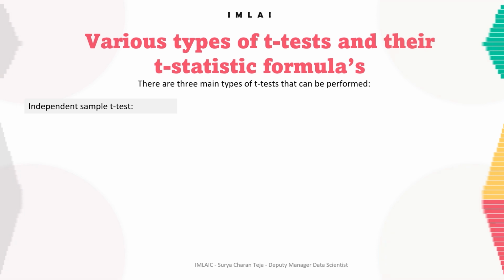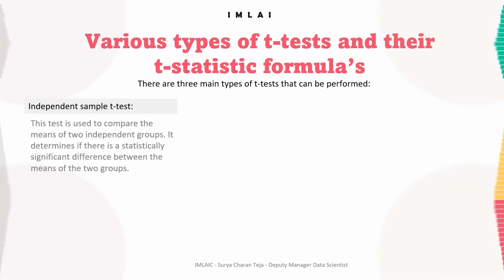This test is used to compare the means of two independent groups. It determines if there is a statistically significant difference between the means of the two groups. If we take an example, this test can be used to execute different tasks.